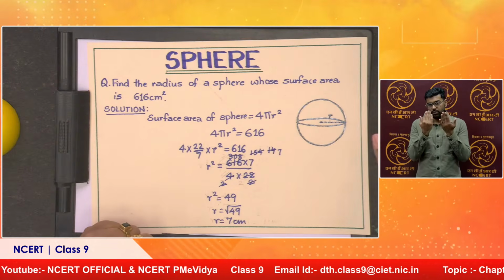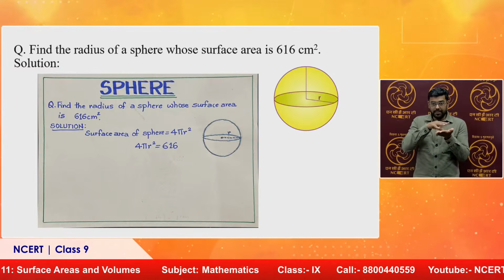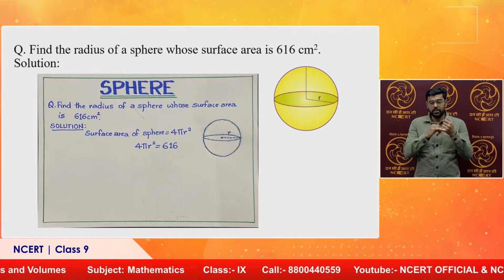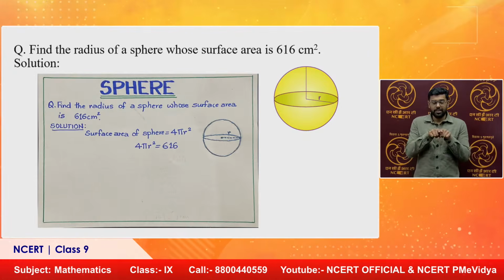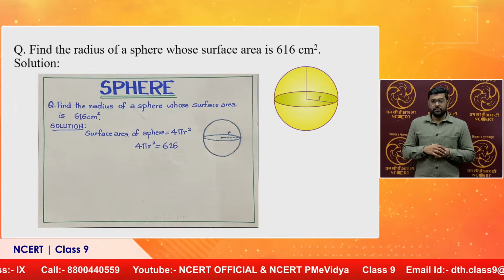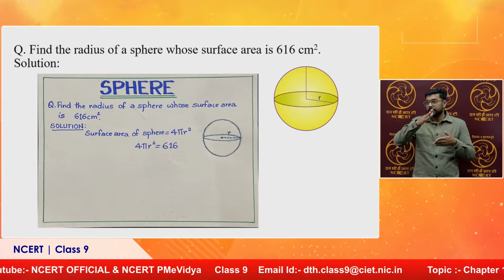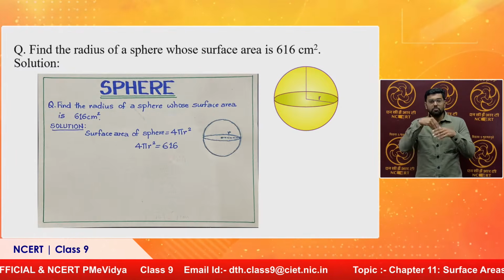Ma'am, here I would like to ask you, what is the difference between surface area and volume? Would you like to tell us? Yes, when I calculate the surface, Tanvi, it is said to be surface area. Suppose I take this sphere, and if I calculate how much paint is to be used to paint the surface of sphere, that is known as surface area.